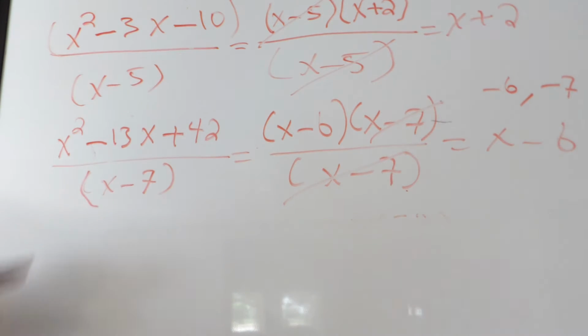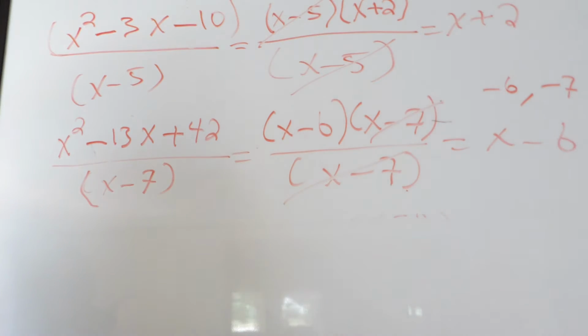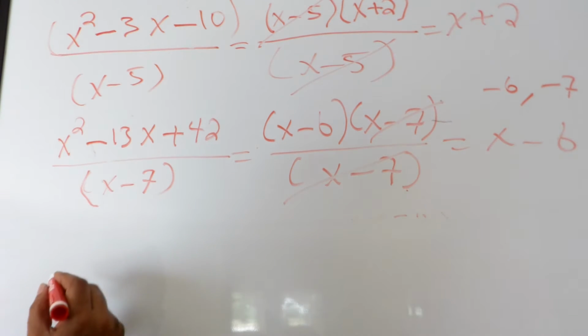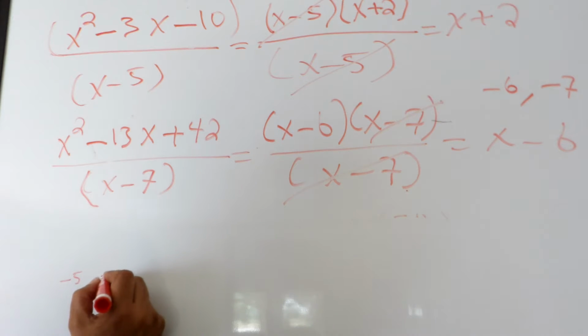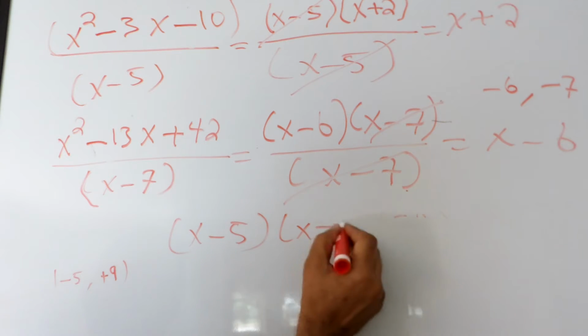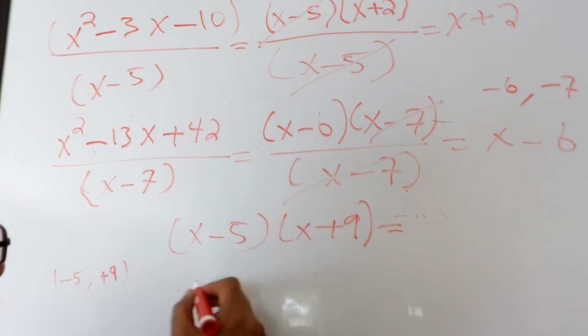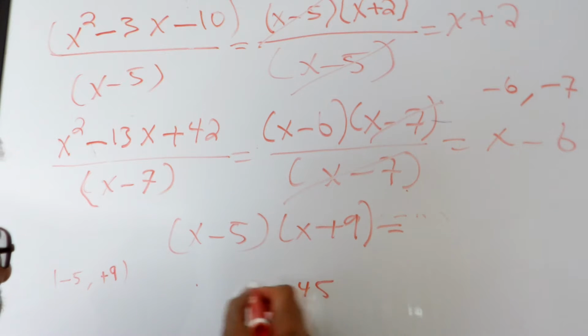So you have to practice this a lot. You have to learn this. For example, something like x minus 5 and x plus 9: if you multiply them, you are going to get minus 45, and if you add them, it's going to be plus 4x, in x squared plus 4x minus 45.